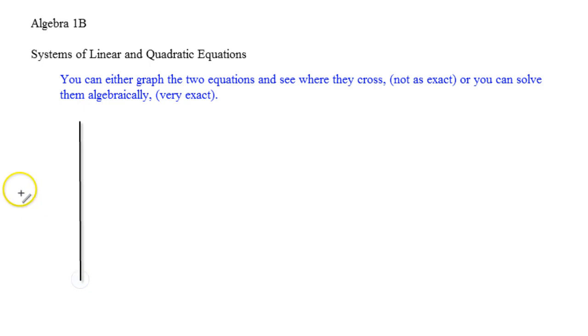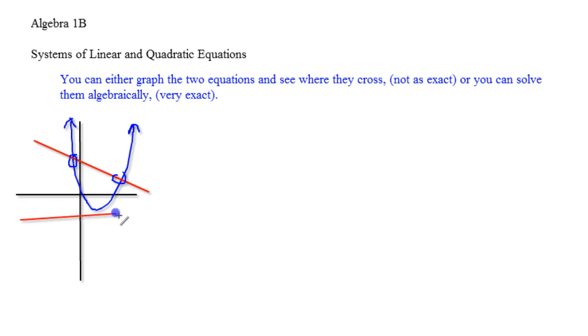If we are working with a system of equations, we can have the parabola or the exponential model, whichever one you want. Well, it's probably just going to be the parabola. Then if we graph a line with it and say this is my system of equations, my answers could be two of them, one right here, one right there, or I can have one of them, and they will be very specific as to which one it will be, right down here.